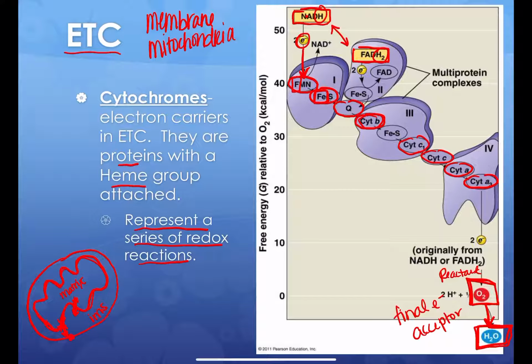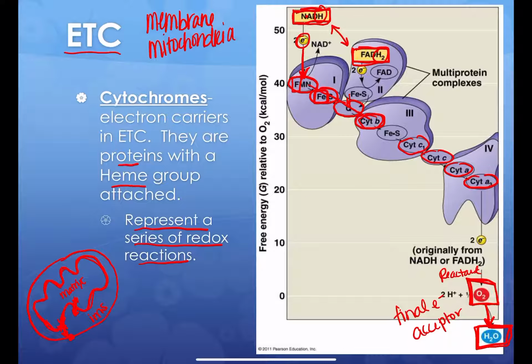NADH drops off higher in the chain, and so what that means is that these electrons are going to fall further, and so they represent more potential energy than FADH2. FADH2 drops off second in the electron transport chain at a lower spot, and so they're not going to fall as far. As these electrons are moved through the electron transport chain, they generate energy, okay?